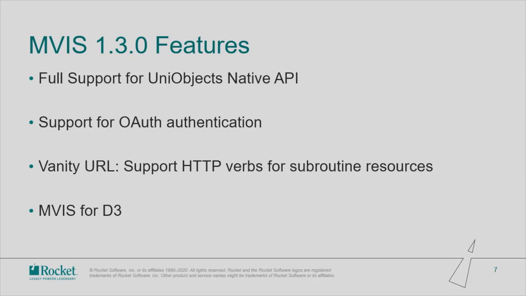Vanity URLs will allow us to support all the HTTP verbs for subroutine resources. As I mentioned previously, we currently only support the POST verb for subroutines. And then finally, at 1.3.0, MVIS will be supported on D3 platforms.